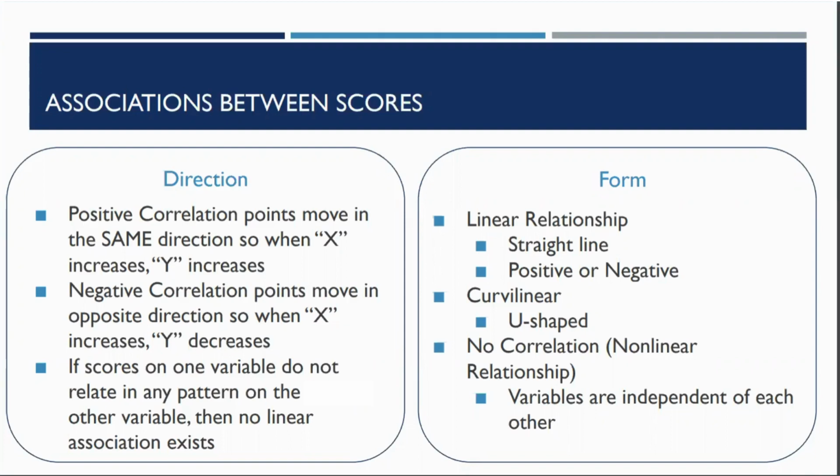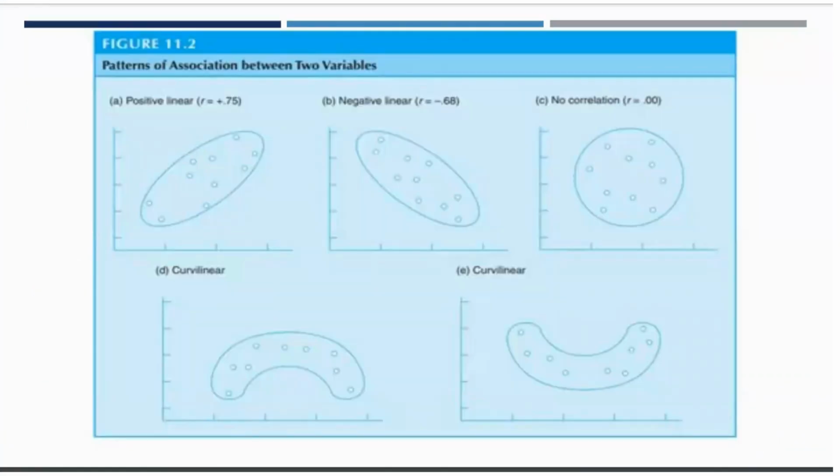We have a curvilinear, which is U-shaped, and we have a no correlation, which is a non-linear relationship, and variables are independent of each other. So your two variables are not related at all. So if we look at this graph here, this is just an example of our positive linear, negative linear, no correlation, and our curvilinear relations.